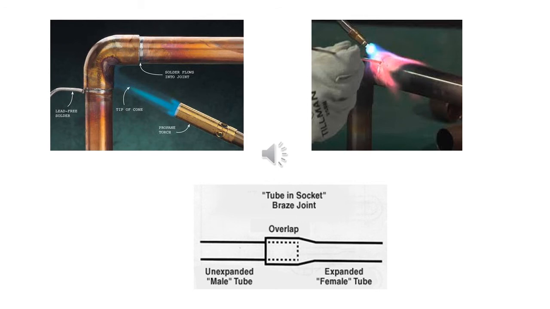Above that temperature, the process is brazing. The melting point of copper is 1,984 degrees Fahrenheit. As such, the filler metals for soldering and brazing copper and copper fittings must have melting temperatures below this temperature.